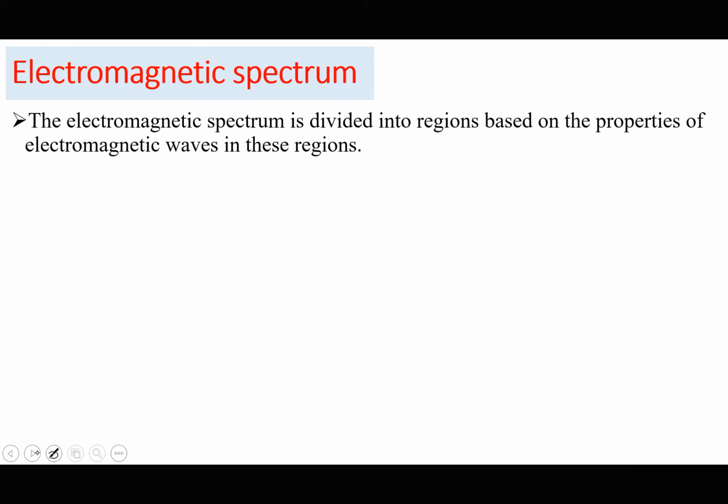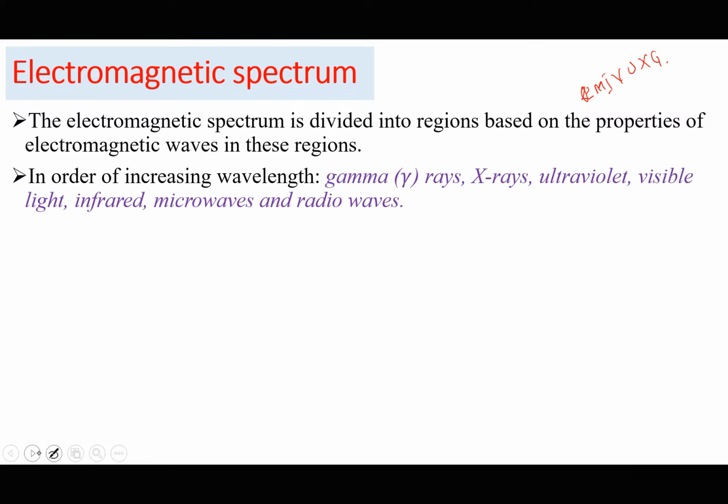These regions I think are given by the mnemonic "Reed's mother is visiting Uncle Xavier's garden." In order of increasing wavelength, the regions are gamma rays, X-rays, ultraviolet, visible light, infrared, microwaves, and radio waves.